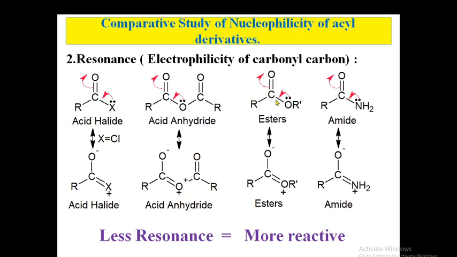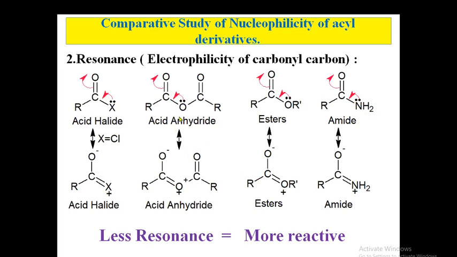But if you compare these two, oxygen is more electronegative than nitrogen and therefore it is reluctant to donate the electron pair. So that carbonyl carbon is not as stabilized as in amides, and therefore esters are somewhat more reactive as compared to amides.